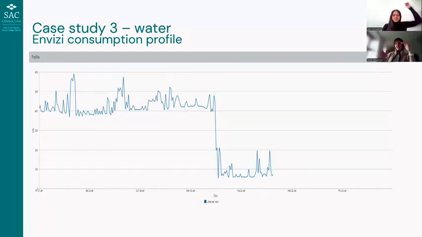Where you see the drop in the middle of the graph, what happened is that I was sending data to the shop manager, who had been struggling to get the head office interested in even fixing this issue. Because as I said, water is not very popular. If you're managing a shop, you're just not thinking about water consumption. As long as people can use the toilets, we'll just pay the bills.